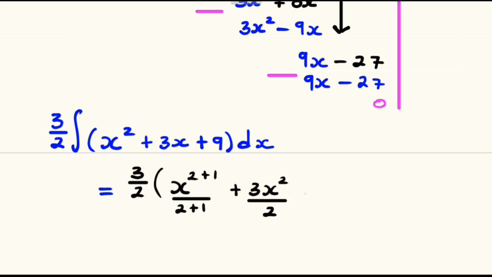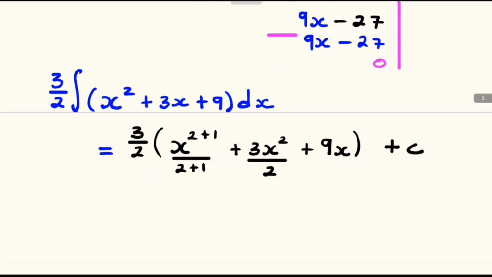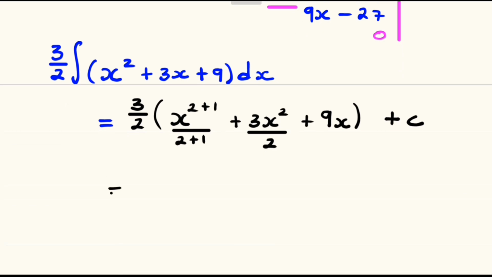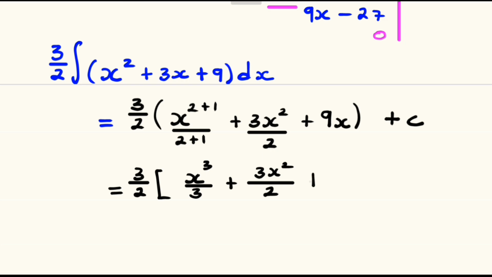The integral of the 9 is equal to 9x plus c, and this will be equal the 3 divided by 2 multiplied by x raised to the power 2 plus 1. 2 plus 1 is equal to 3. Even in the denominator, 2 plus 1 is equal to 3, plus 3x squared divided by 2, plus 9x plus c.